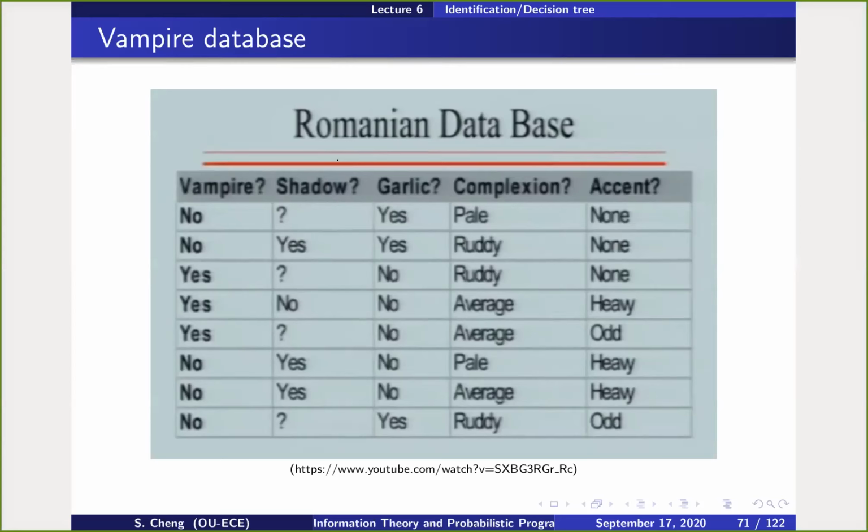But let's say I assume that all these 4 features have equal cost. So the first question is, if I only have one feature to pick to do the classification, which feature should I pick? Which one feature to pick?